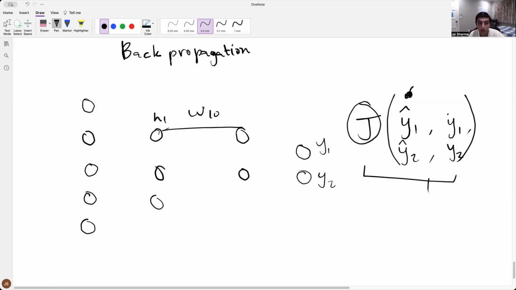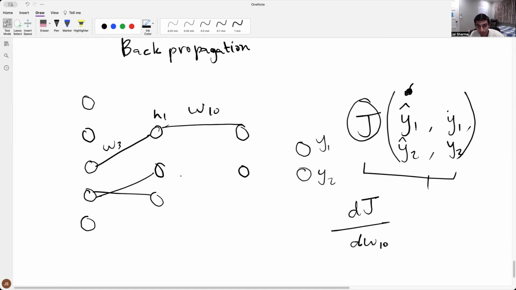How would you get the update for that value, dJ/dW10? Or more importantly, for this one right here, like W3? How would you get it for this one, or this one?